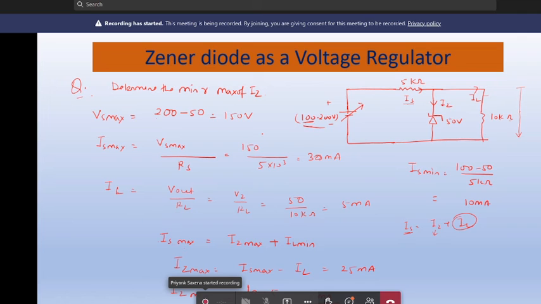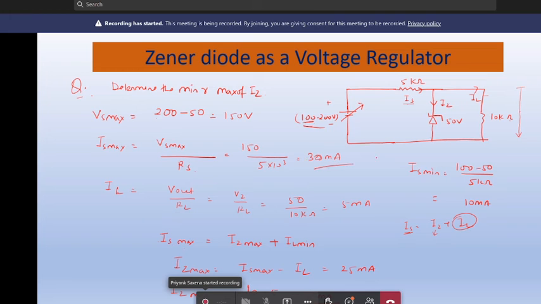So Is max you can find out as Vs max upon Rs, since here Rs is not varying, so Rs is constant, so we are writing simply Rs. Otherwise, if Rs is also varying, then Is max equals Vs max by Rs minimum, right? Since Rs is not varying, we have written Vs max upon Rs.